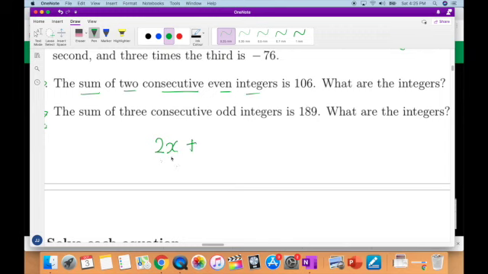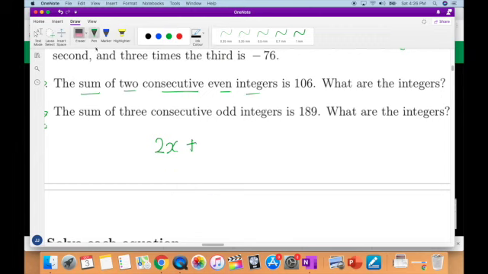If the first number was 22, the next consecutive even number is 24. If it was 38, the next is 40. If it was 16, the next is 18. So what is the similarity? How do I get from one to the other? I have to add 2, and that's all.